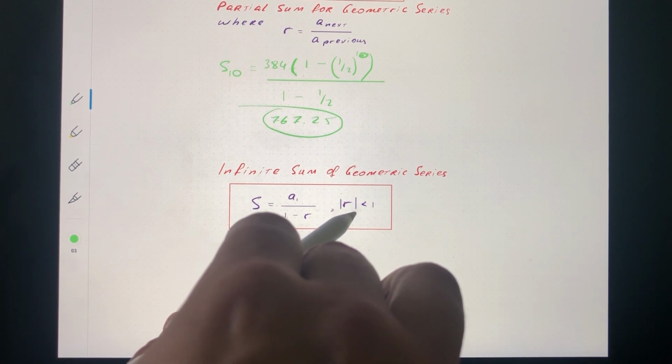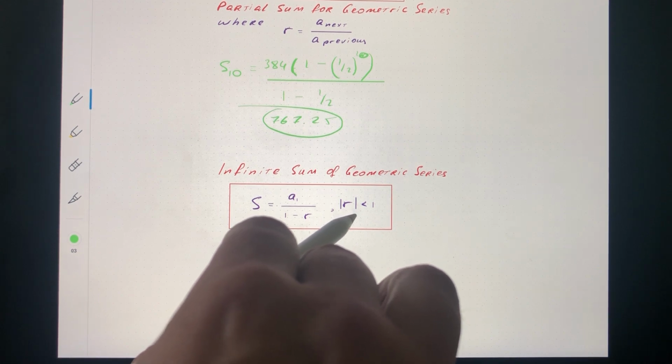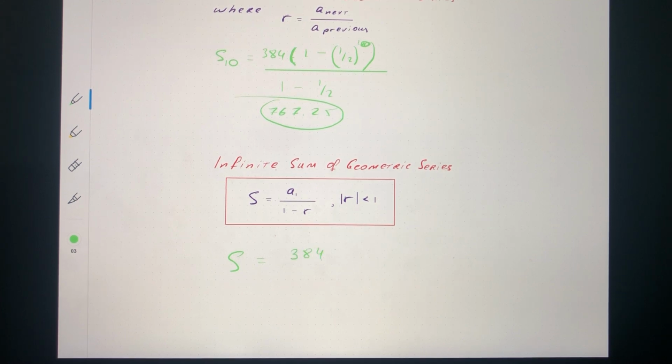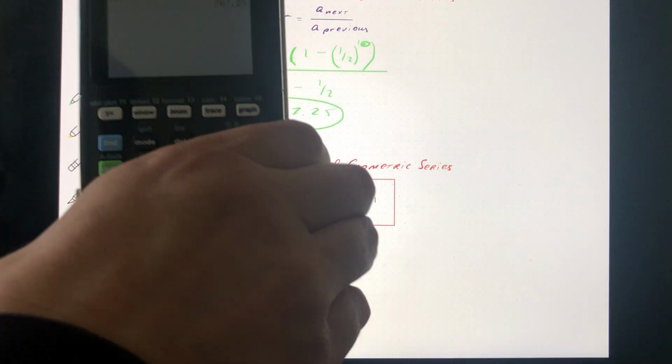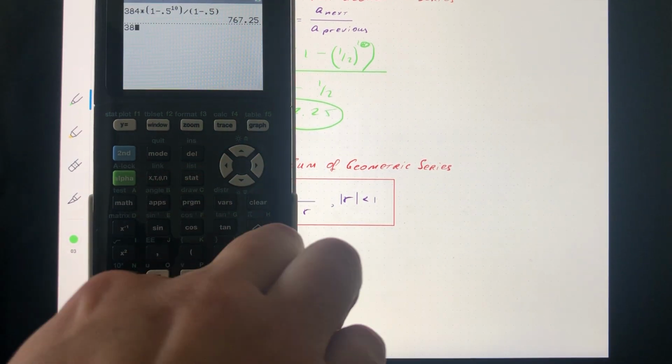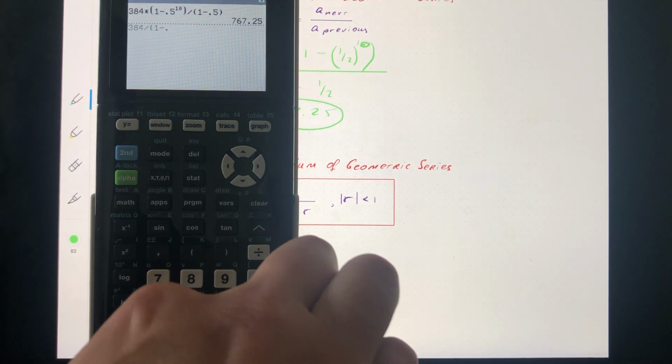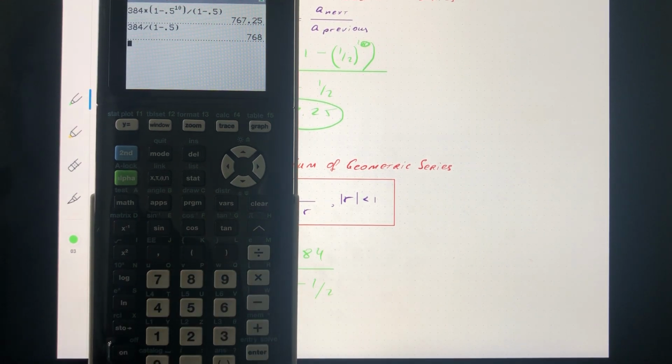We can compute the infinite sum, even though we're not really adding all of them, but we will get the same result. So the infinite sum of the same series we just looked at is the first number, which is 384, divided by 1 minus the ratio, which is half. Typing it in the calculator, we will get the answer for the infinite sum. So 384 divided by 1 minus half comes out to be 768.